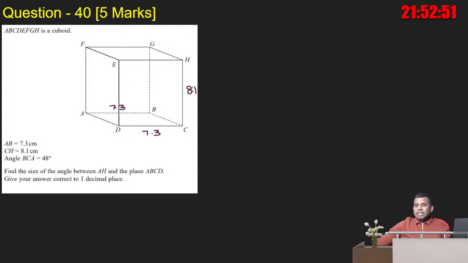And angle BCA, so that means this is B, C and A. So angle BCA is 48 degrees. Angle BCA is 48 degrees. Find the size of the angle AH.